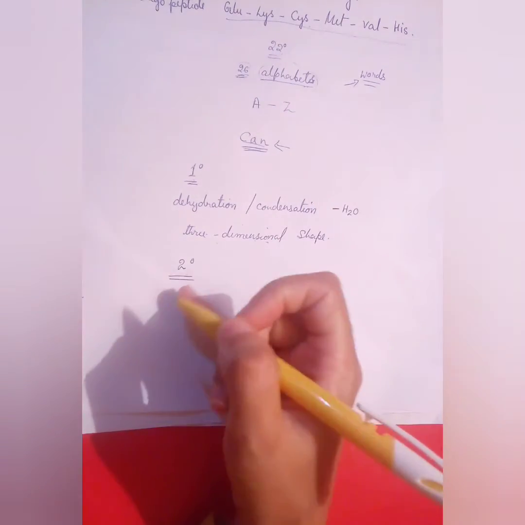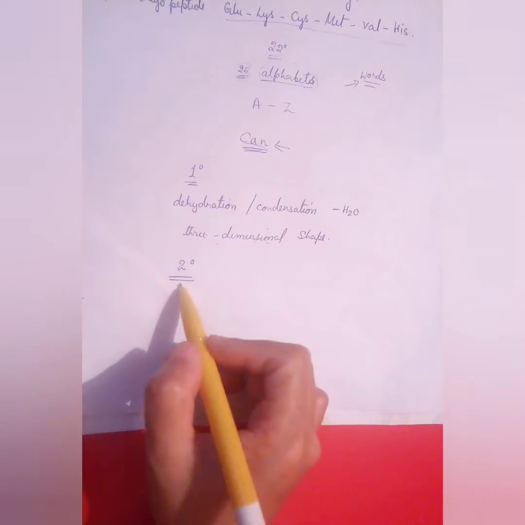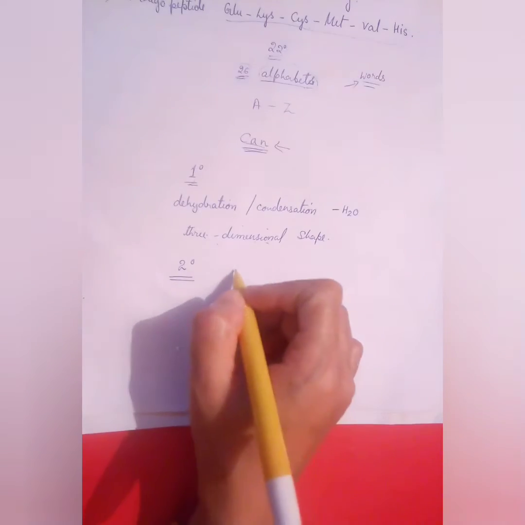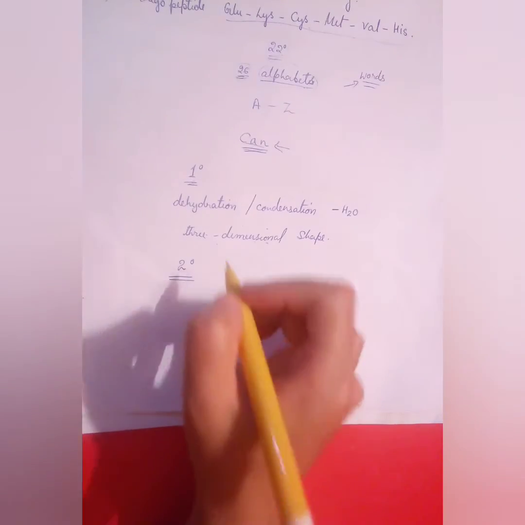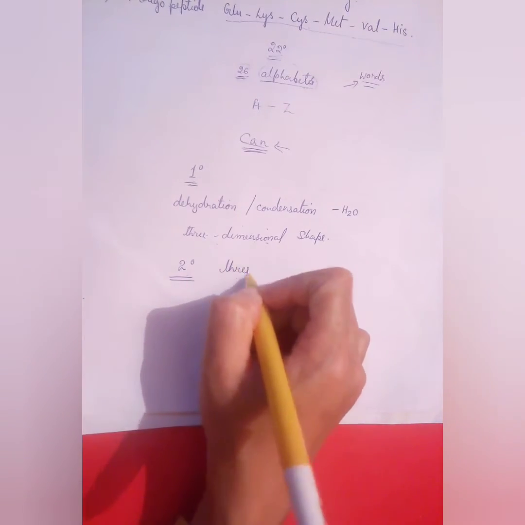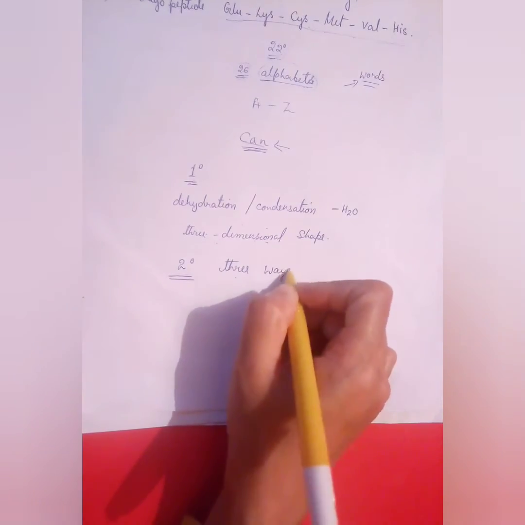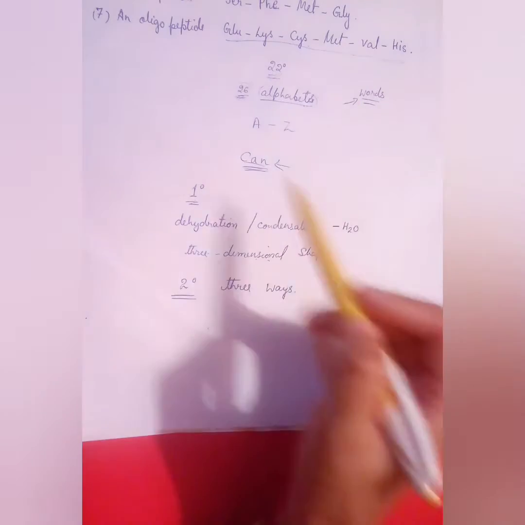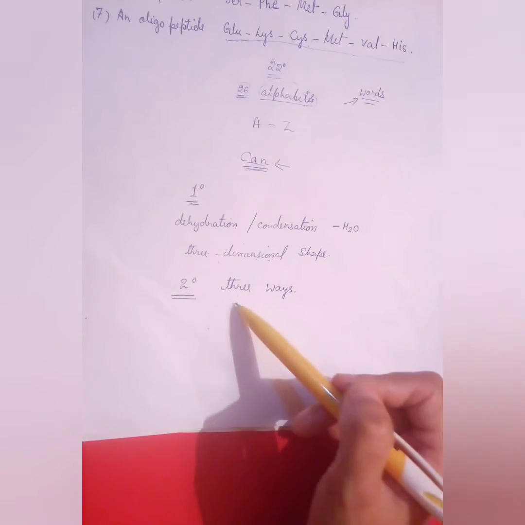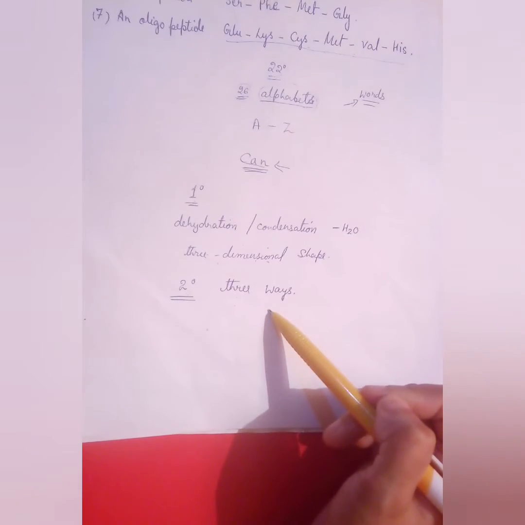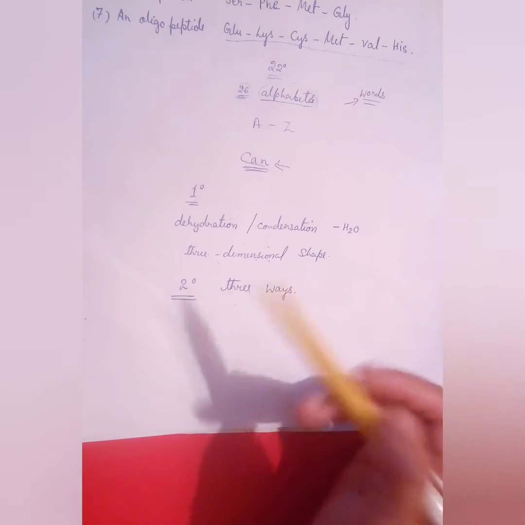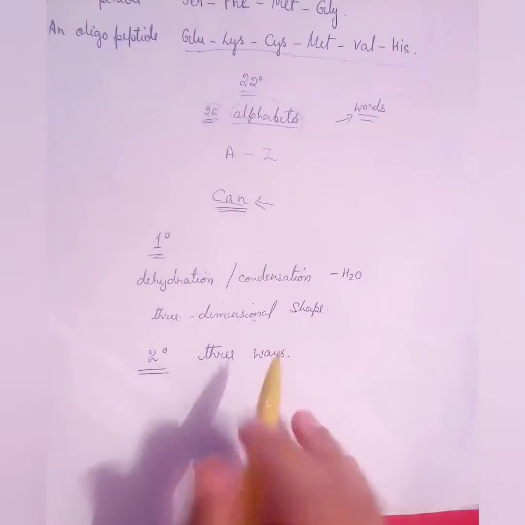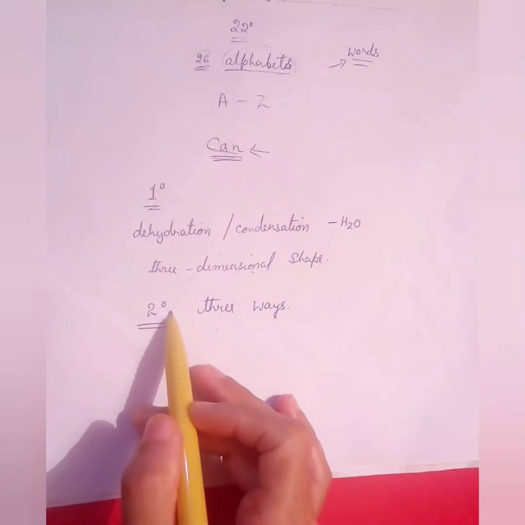So we will study now how this primary structure undergoes folding. And there are three ways for that, where this linear chain of amino acids, this primary structure, will fold itself in three ways to give rise to this secondary structure. So how do we define the secondary structure?